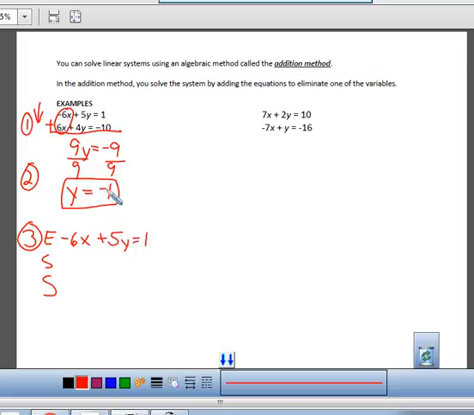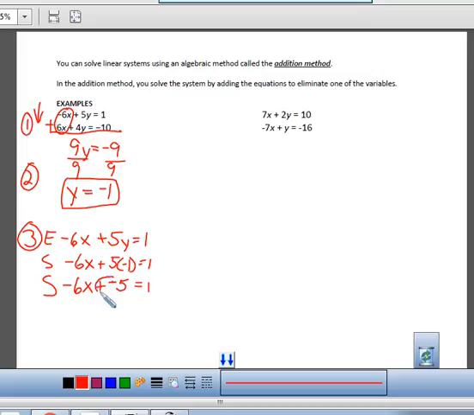I know what y is supposed to be now. It's supposed to be negative 1. So negative 6x plus 5 times negative 1 equals 1. Now I solve it. Negative 6x, still the same, plus negative 5, because 5 times negative 1 is negative 5, equals 1.